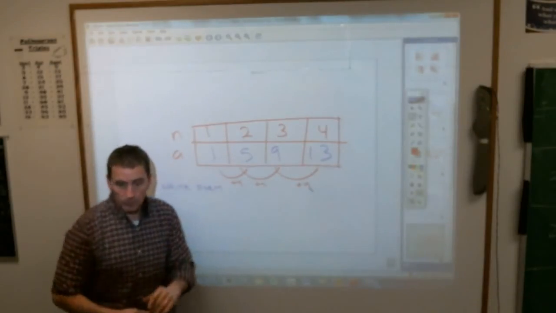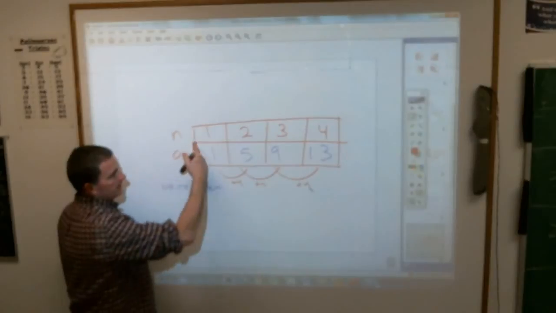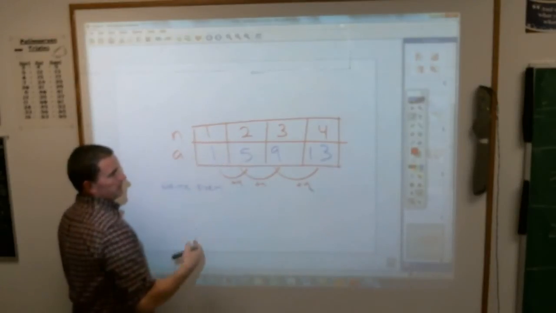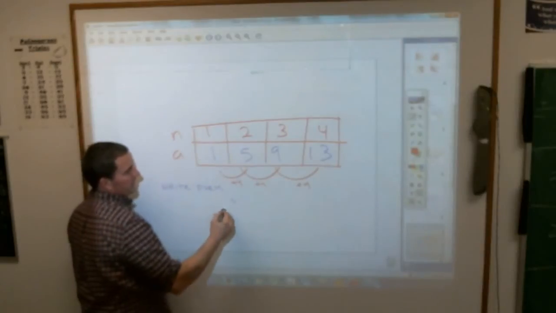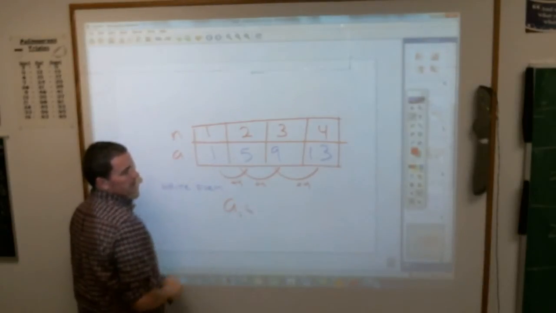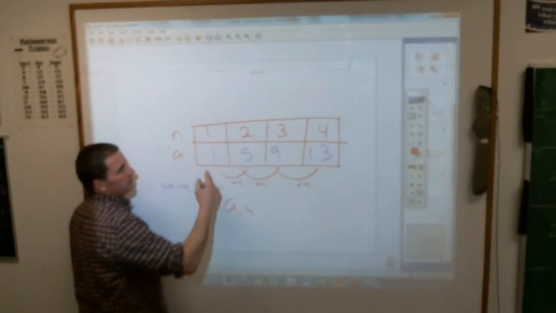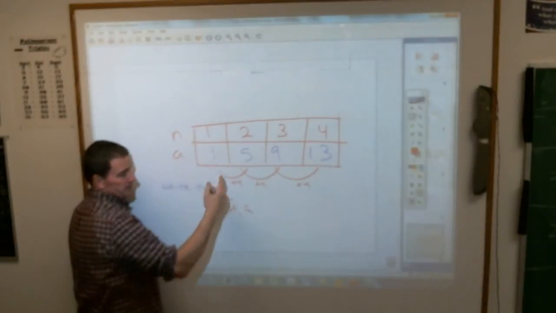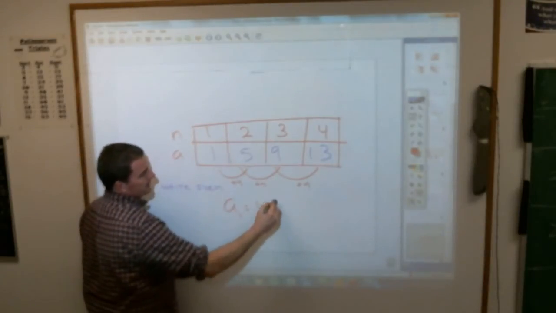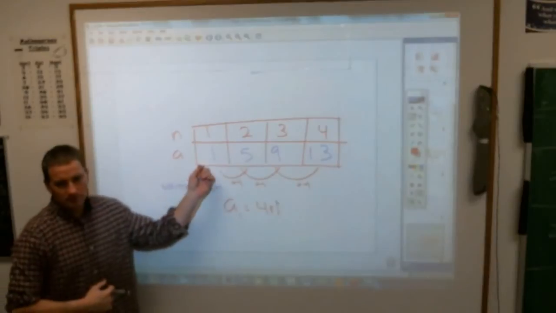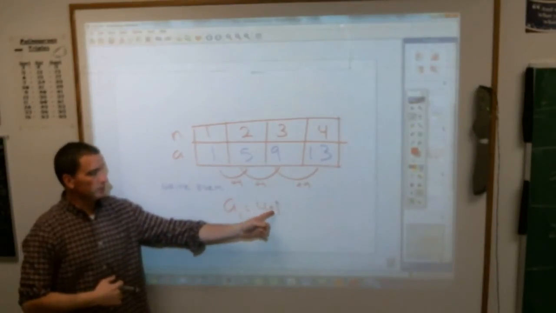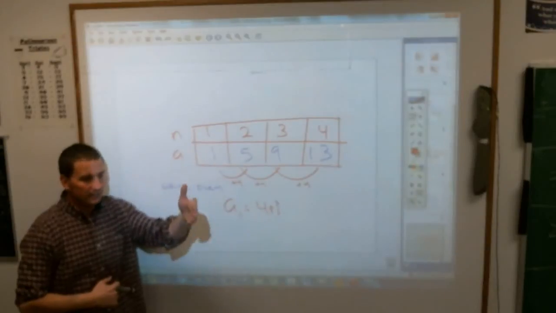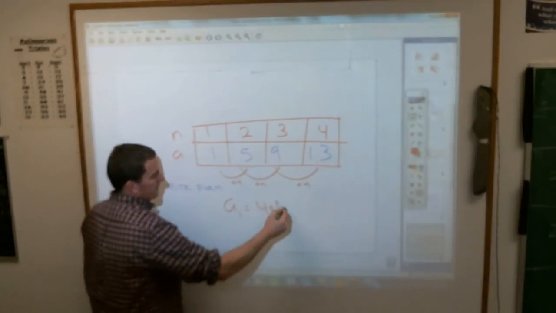So when you write down the formula, okay, let's do the first one here. n, or a to the first power. I know I'm going to multiply n times 4 to figure this out. But if I multiply n times 4, do I get 1? My answer would be 4. What do I do with 4 to get 1, David? Subtract 3.